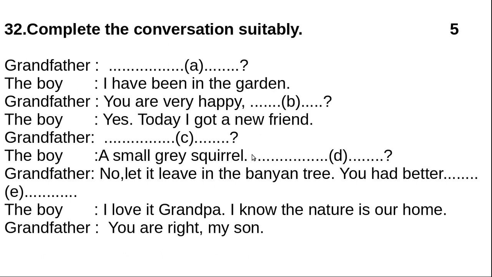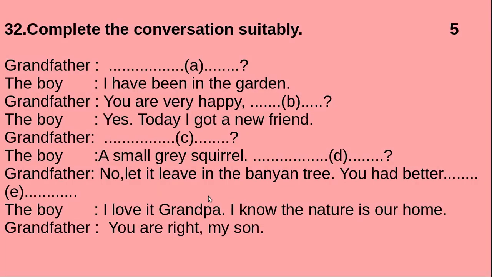Shall I take the little squirrel here? That can be. So the grandfather is advising me not to take it, but to let it live in the banyan tree. Then he is again advising, we had better. After that, we use V1, the first form. You have learned it in the 8th standard. You had better leave it there. You can write like that. Okay, yes, I think I got all these things. Now the same is there, you can do it.